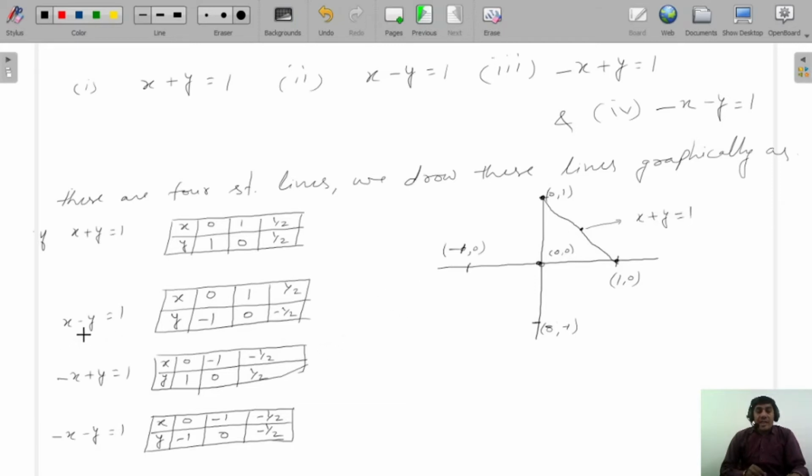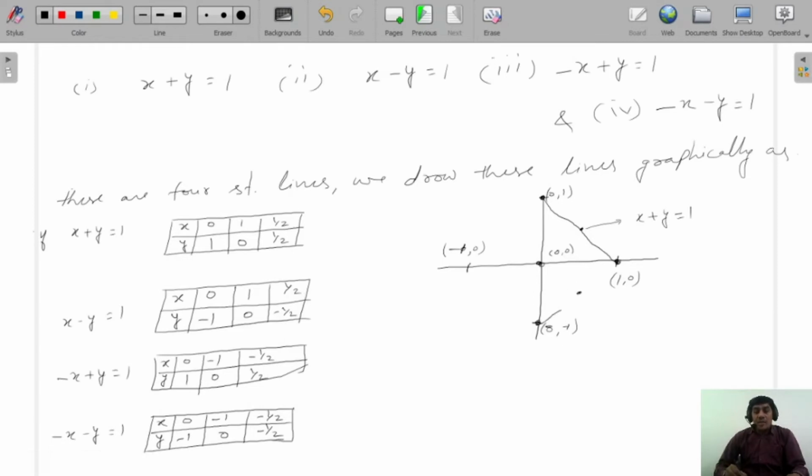Now, the second, x minus y is equal to 1. x is 0, y is minus 1 is this point. x is 1, y is 0 is this point. x is 1 by 2, y is minus 1 by 2 is this point.